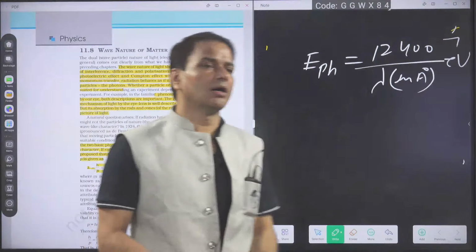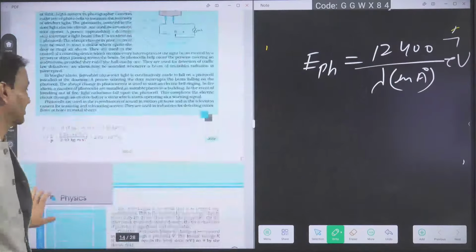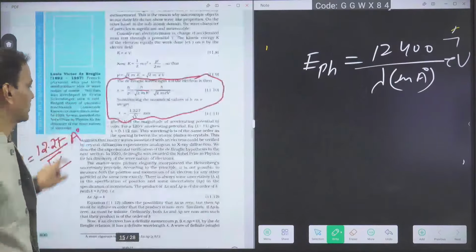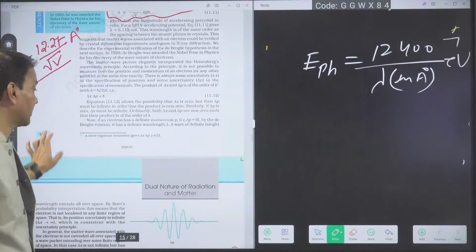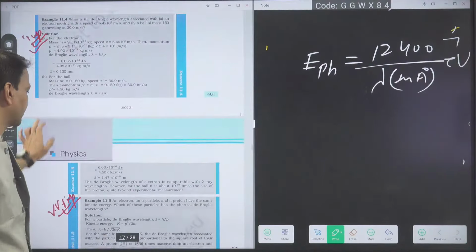One thing is also given here. By which factor or quantity are we able to say that this experiment can be explained from the particle nature only?